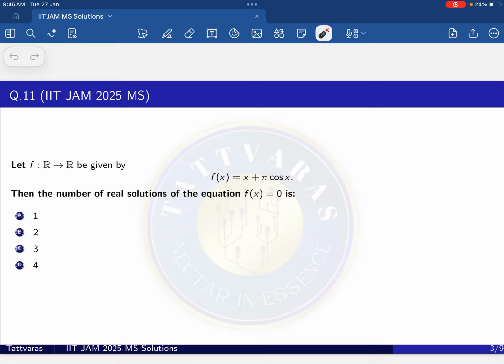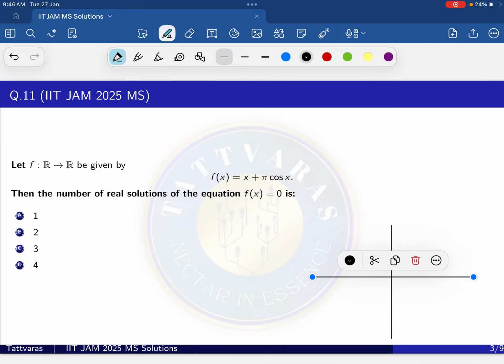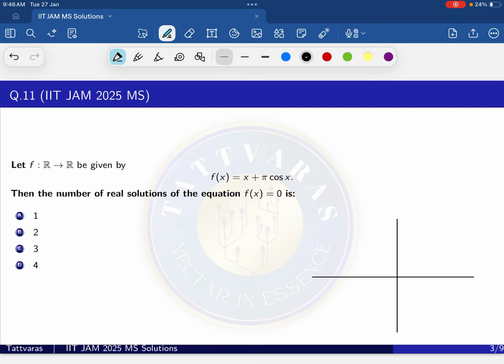Now one thing that immediately comes to all of our minds is to make the plot, to make the graphs and get some idea about the nature of the functions. So for that, note carefully that we have x + pi cos x. We can write this as pi cos x = -x.